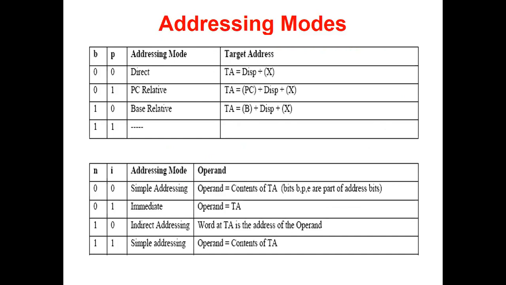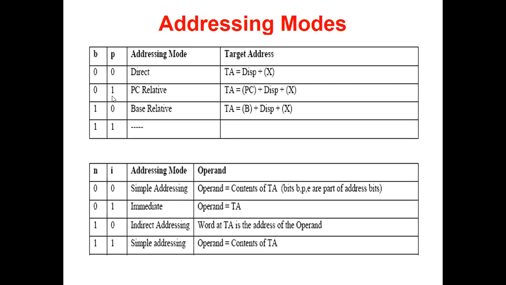When both bits B and P are 0, you remember we said that it means that you are not going to use the base, and you are not also going to use the program counter. So it is just the displacement and maybe contents of register X. But you remember we only add the contents of register X when that bit X is a 1.